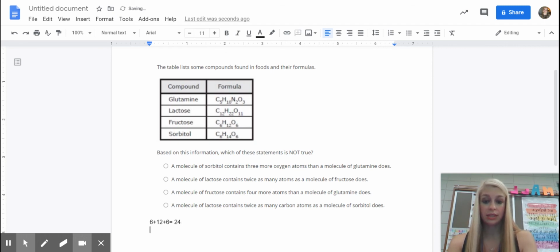And glutamine contains 5 plus 10 plus 2 plus 3 equals 20. So does fructose have 4 more? Yes, it does. You just had to double check. That's all you had to do. Just double check.